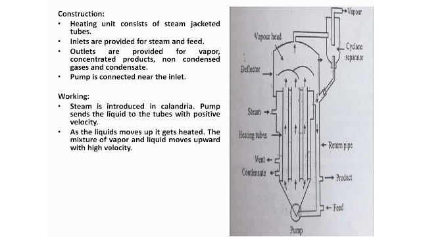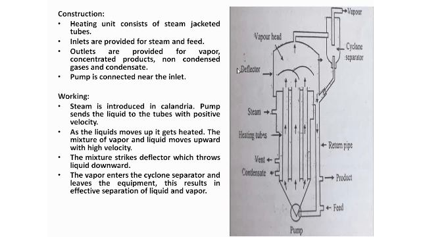The mixture of vapor and liquid moves upward at a very high velocity, because the space is narrow and the pump is there. The mixture strikes the deflector here, and sometimes the less heated liquid gets returned down to the inlet via this return pipe.